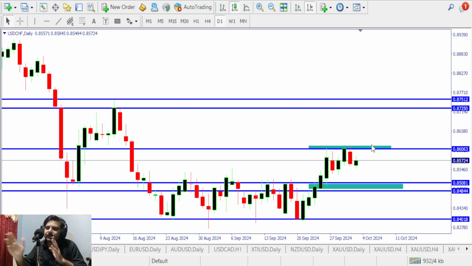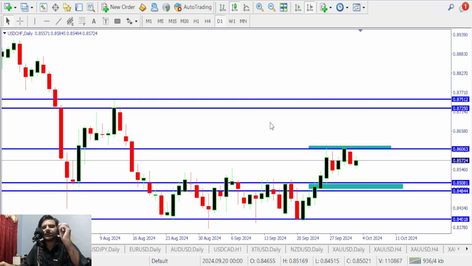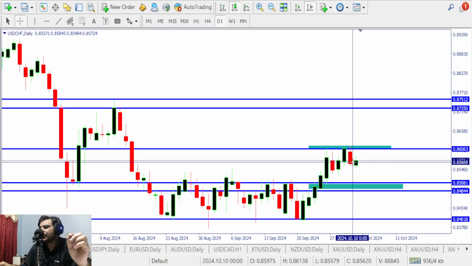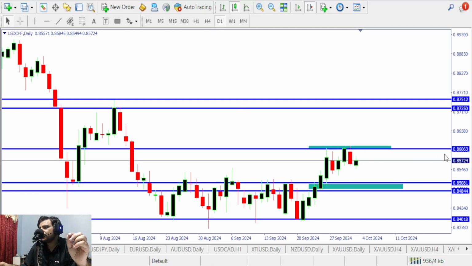Now remember everyone, those of you who want to trade it to the buy side or to the sell side of the market, that depends totally on how you look at the market at a certain period, right? So on the daily and now on the H4, market has very nicely rejected from 0.86063, the level I discussed last week. So this is the previous week.